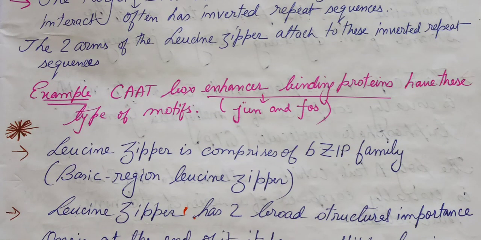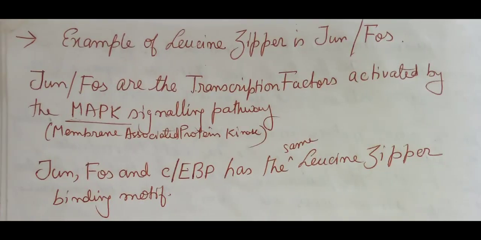Okay, let us see about the examples first. Examples of leucine zipper are c-Jun and c-Fos, then C/EBP. These are actually transcription factors. These are families of transcription factors.